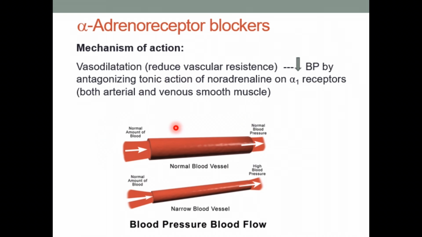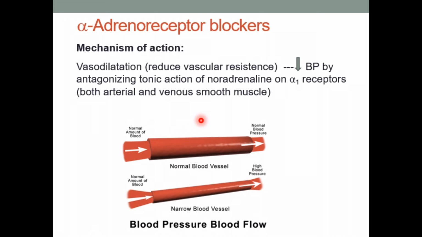In other words, noradrenaline will bind to alpha 1 and cause vasoconstriction when there is activation of the sympathetic nervous system. But if you give alpha blockers, alpha 1 blockers especially, it will bind to the alpha 1 receptor and block it.